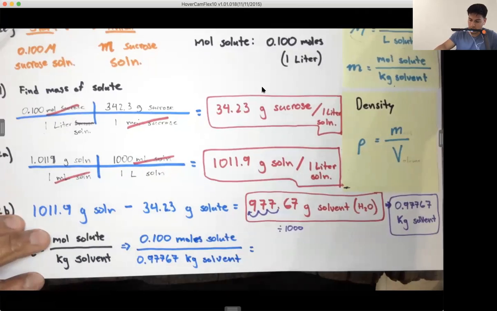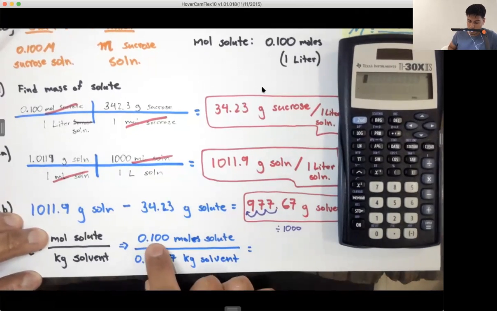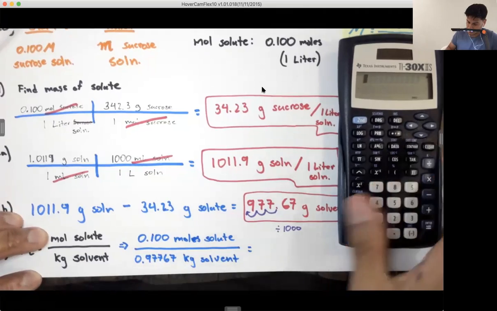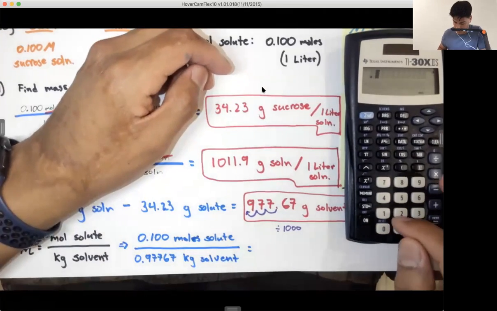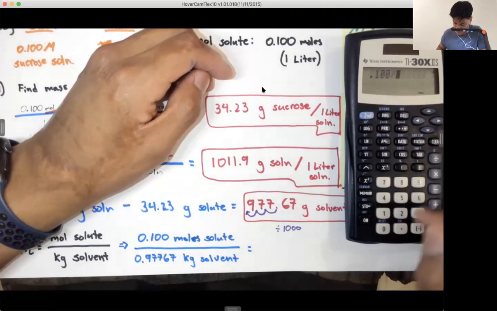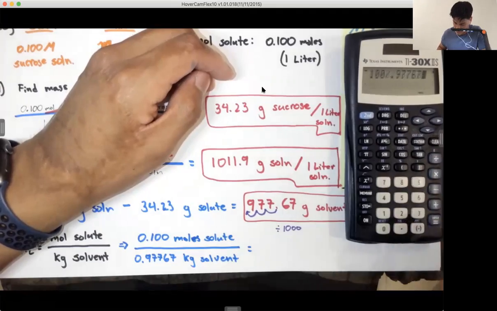Using our calculator here. If I have 0.100 moles of solute over 0.97767 kilograms of solvent, then what I'm going to have to do is put it into my calculator: 0.100 divided by 0.97767.